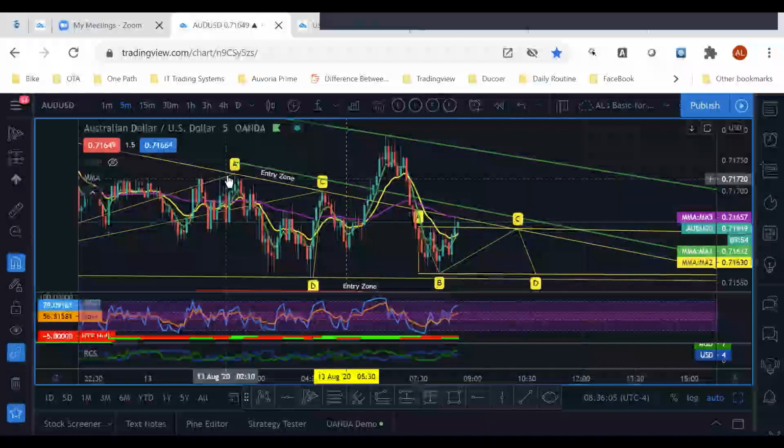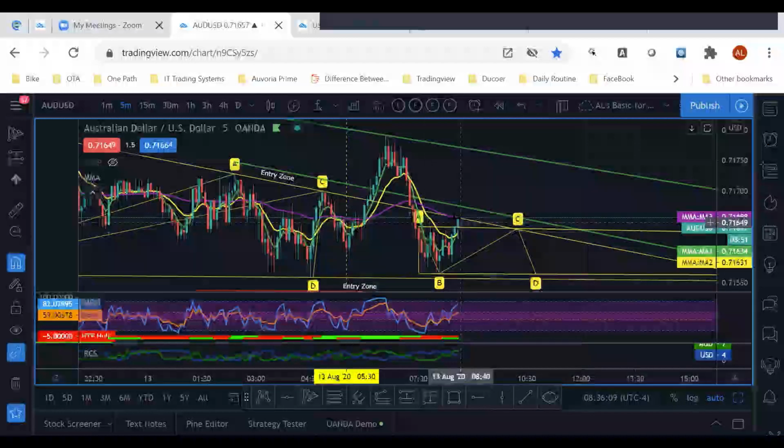Also see we have our AC. Now this is the trend line that we're looking to see if it's going to respect or not.